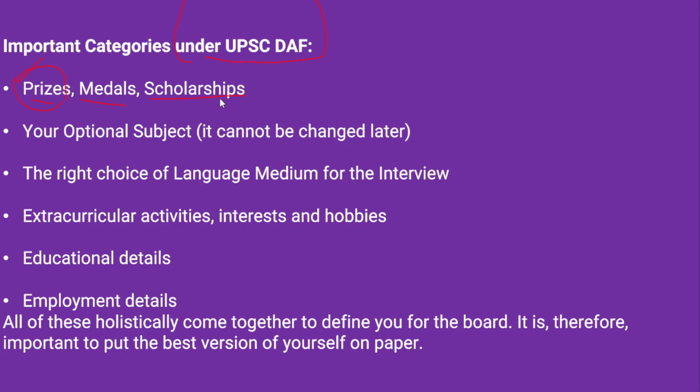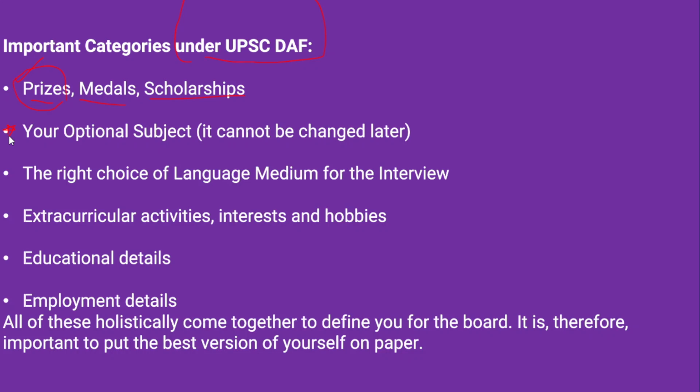Now after that, the optional subject, one of the very, very important aspects. The majority of the UPSC boards will ask you a lot of questions on your optional subject. So if you are from political science and international relations optional, or sociology optional. Why?